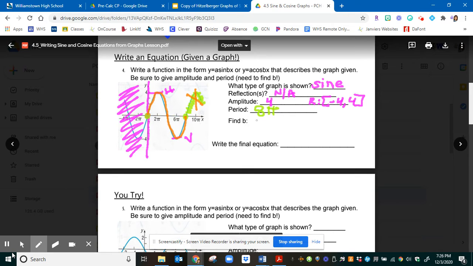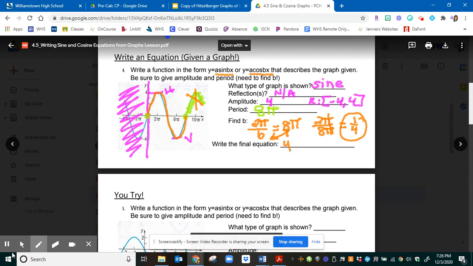So to find B, again, we know it's 2 pi over B is equal to 8 pi for the period. We do the little switcheroo thing here. So 2 pi over 8 pi is equal to, these cross out, 1/4. So that is my B value. And as I wrote in my formulas at the top here, they are the ones that go inside of the parentheses.